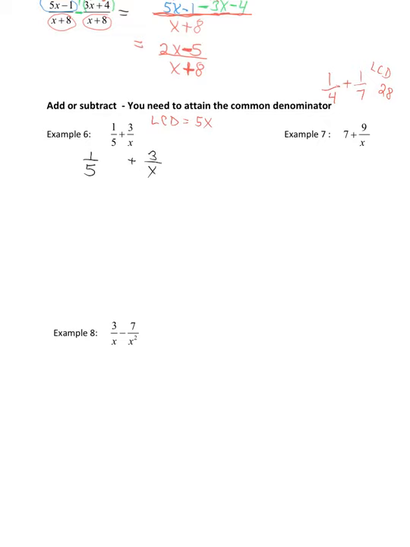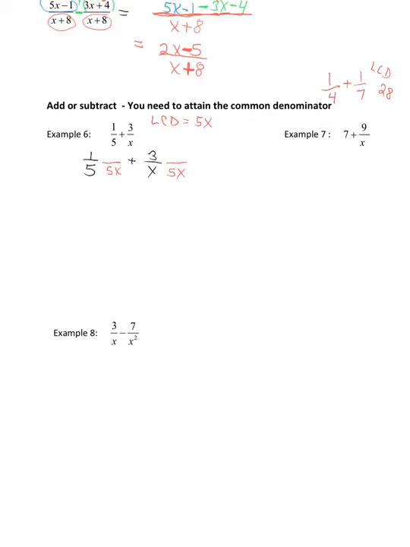But now I'm going to take my common denominator of 5x and place it next to each one of these because I need to make the common denominator out of the denominators I have. 5, the first denominator, is only a piece of the least common denominator. And on the second expression, 3 over x, the x is only a piece of the common denominator. So I'm really asking myself, well, what part is missing?